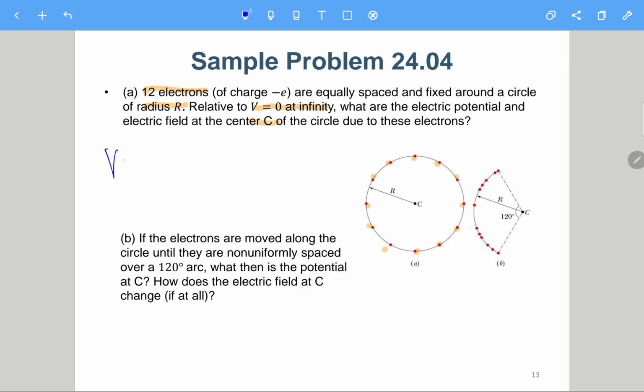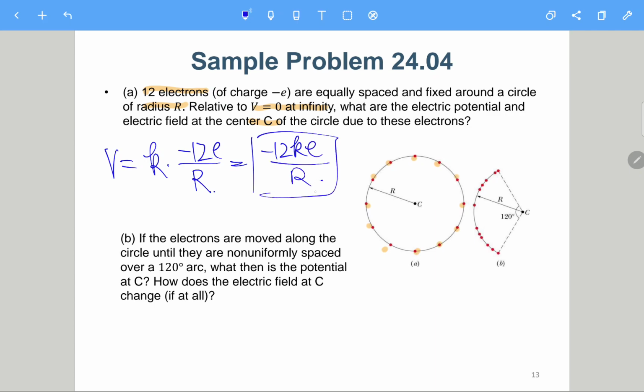So V is nothing but Q times k over the distance, which is capital R, and there are 12 electrons, so we have minus 12e. So you can write it as minus 12 ke over capital R. And that's it.